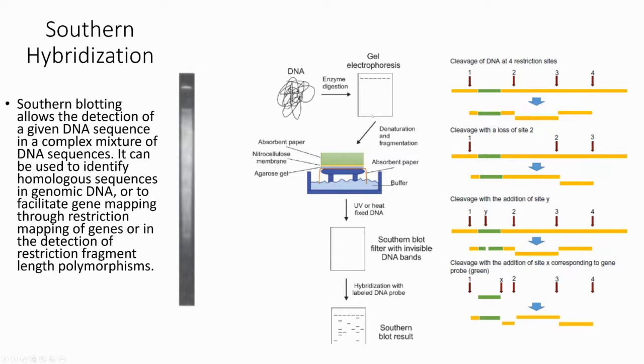After the gel electrophoresis, you need to transfer the DNA to a membrane, called the nitrocellulose membrane, because you want to use the membrane to perform the hybridization experiment. So you have to transfer.